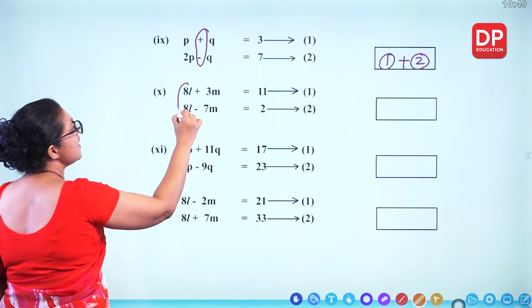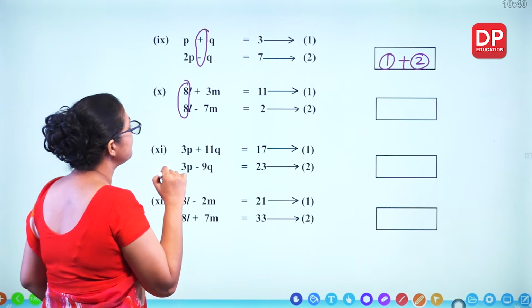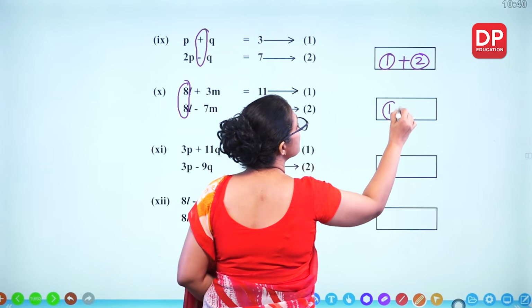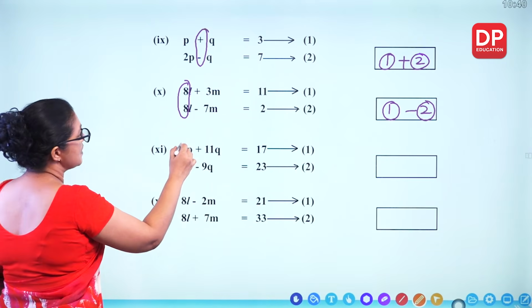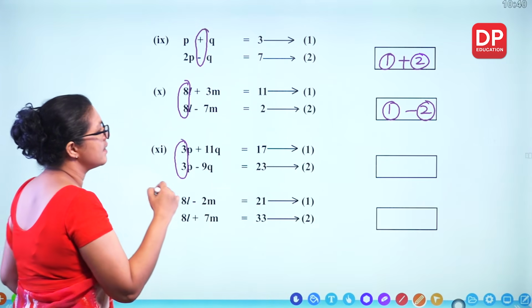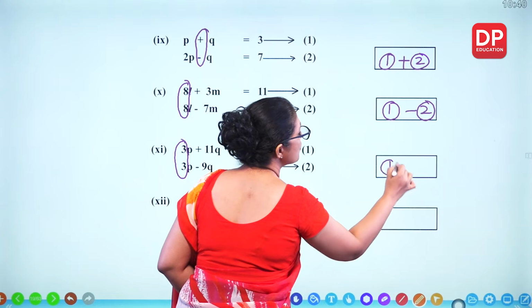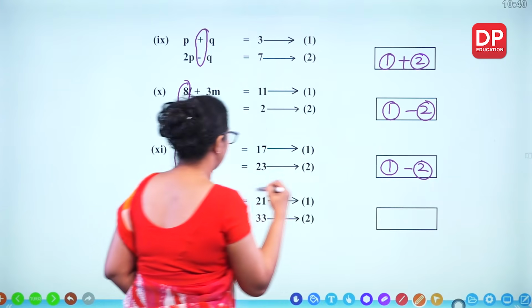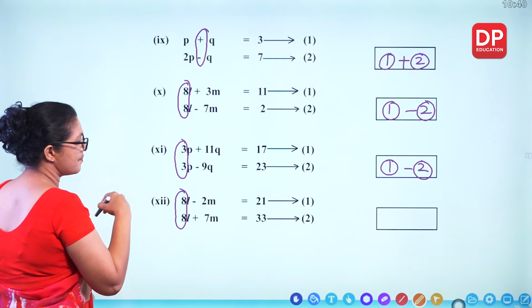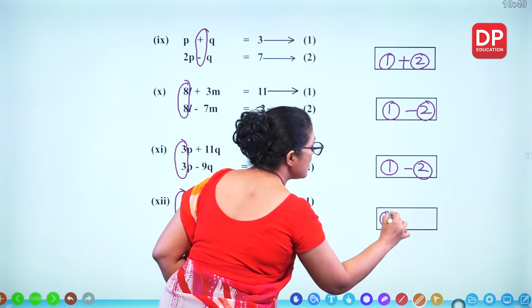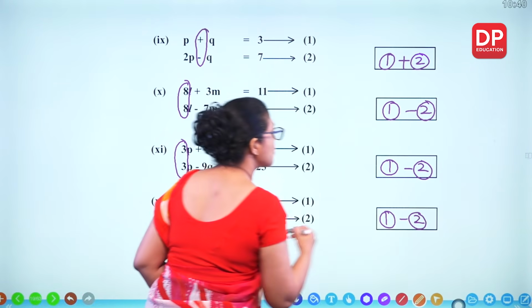Here 8 and 8, same sign. Subtract. Same sign, plus 3. Here also subtract. This one, same sign. Subtract the two equations.